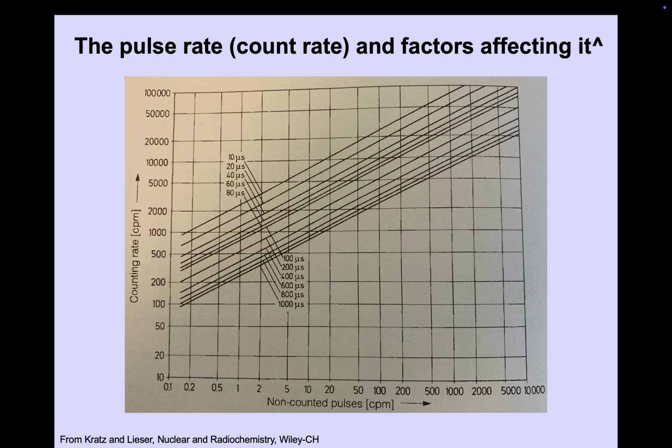And here you can see our counting rate on the y-axis expressed in units of counts per minute, and then on the x-axis we have the number of pulses that aren't being counted, also expressed in CPM. And basically what I want you to take away from this diagram is that as the count rate goes up, the detector is struggling more and more because it has this dead time. And so as we have increased count rates, the number of non-counted pulses goes up vastly.